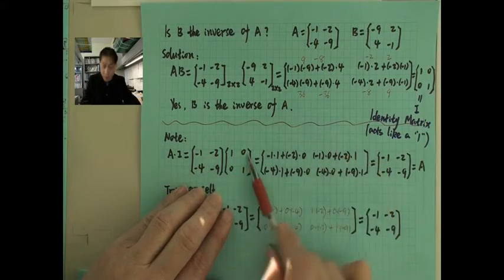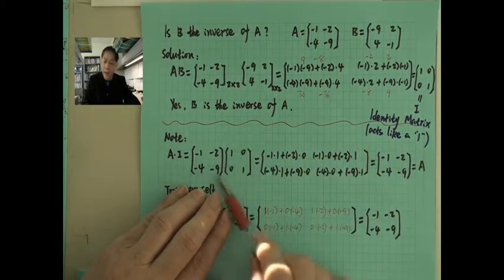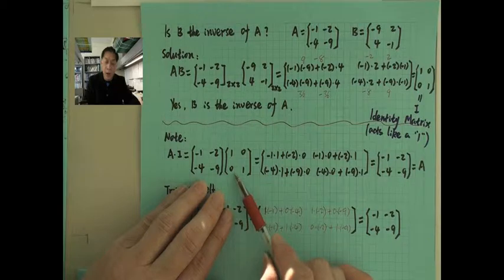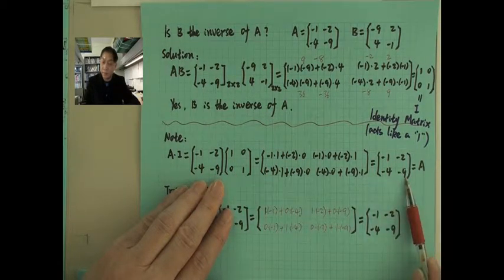Again, it's row times column, add together. -4 times 0 is 0, and -9 times 1 is -9.